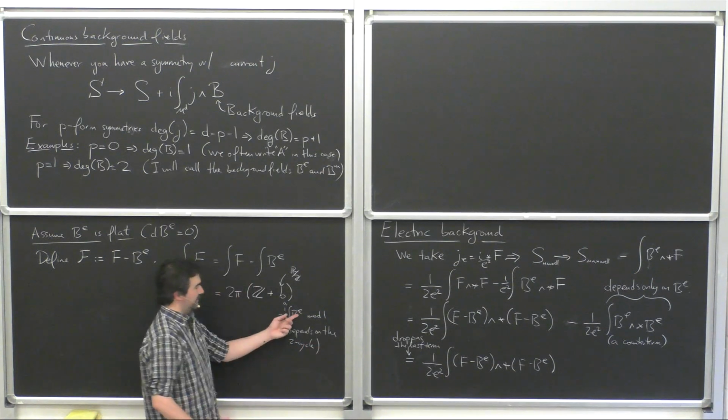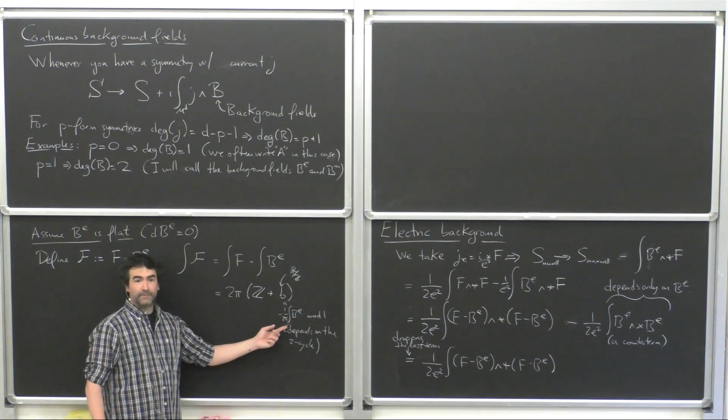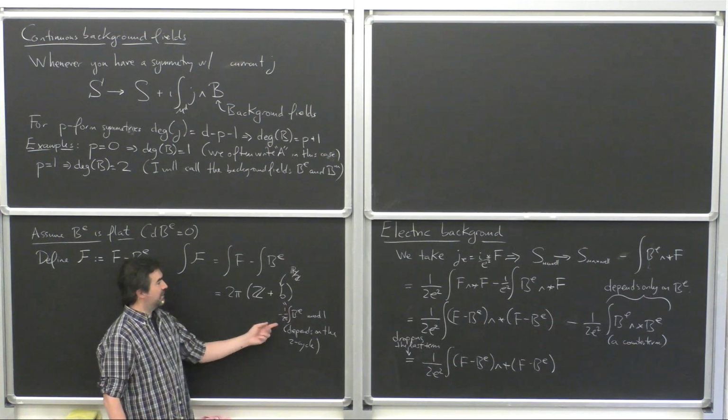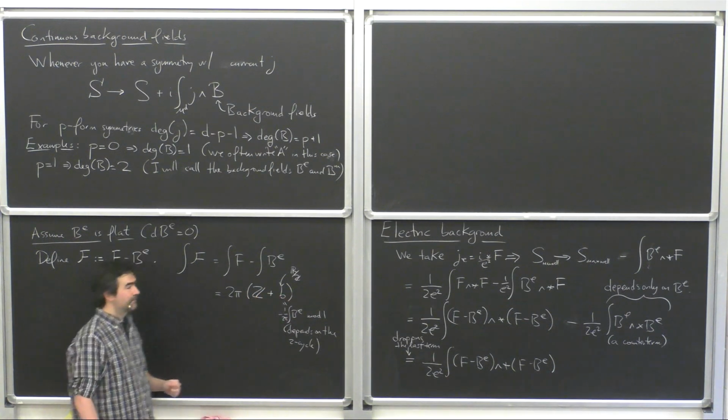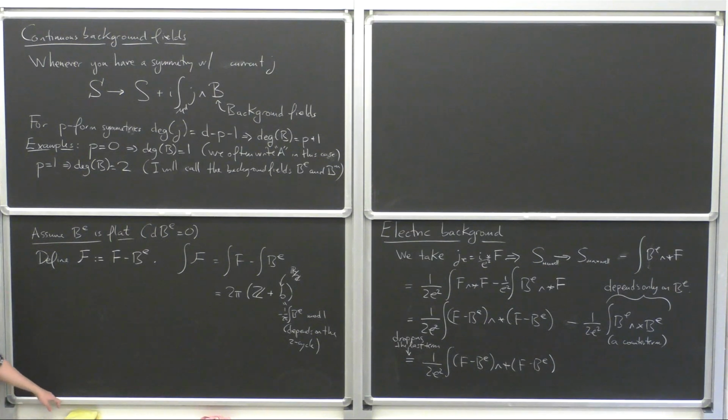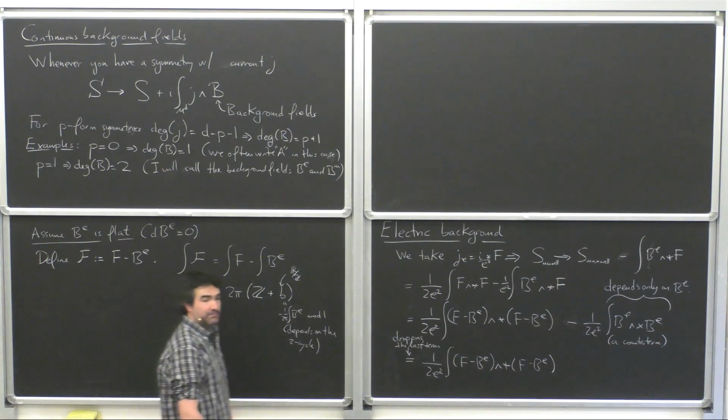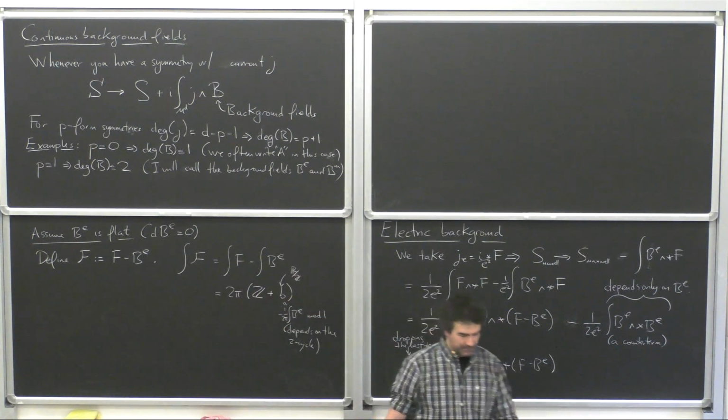So this is an integral of a 2 form over a 2 cycle. So on each 2 cycle, I get to pick a shift of the quantization condition. In pure Maxwell theory, that's fine. Why wouldn't I do this?